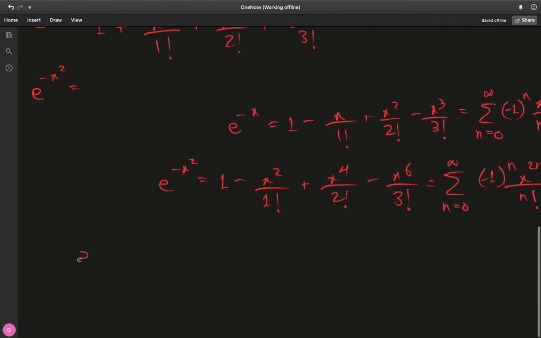So for that, instead of having just e raised to minus x squared, why don't we take e raised to minus x squared over 2 in the argument?